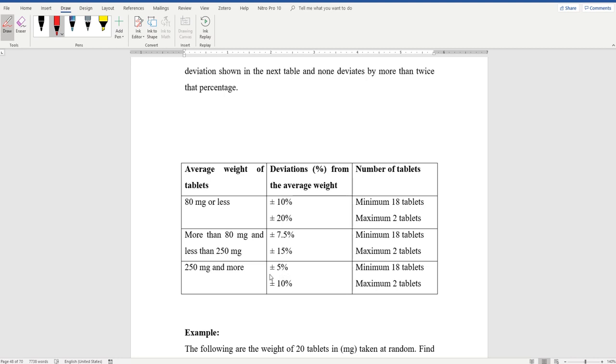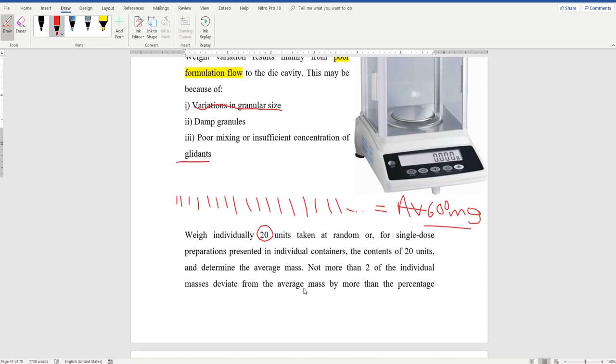Look at this number here. Okay, 5%, 10%. Okay, let's come back. It says the percentage deviation of individual tablet. For you to know how to do it, you need to calculate the percentage of weight of each tablet relative to the average.